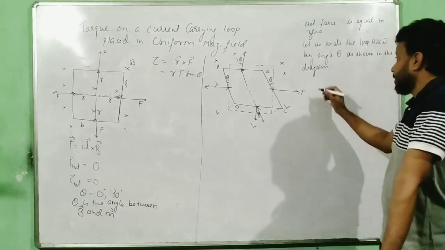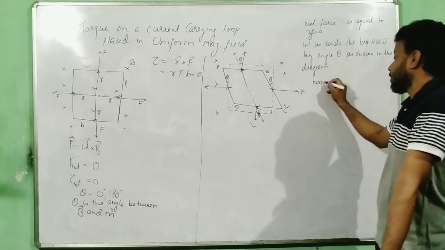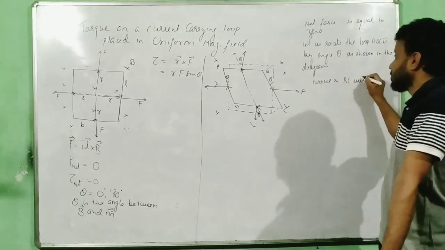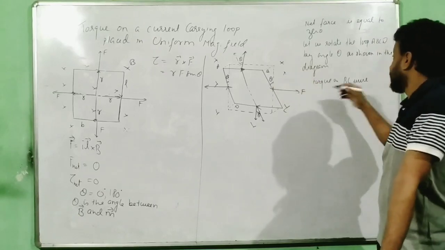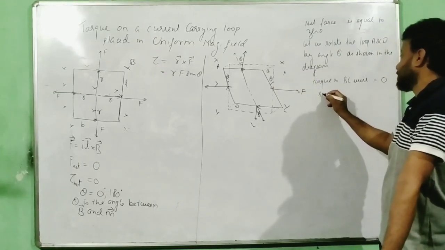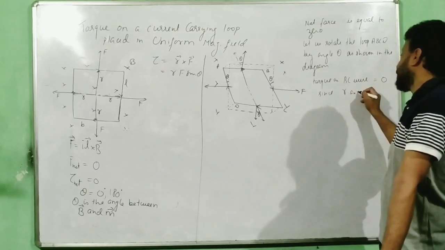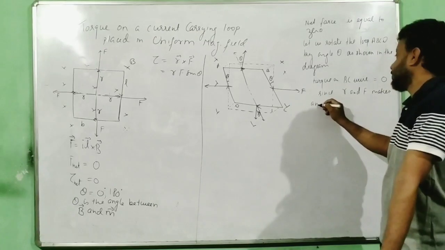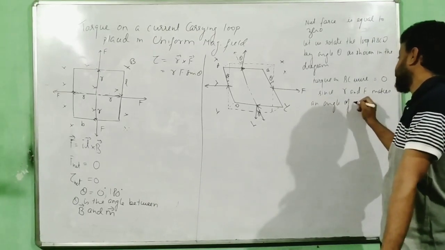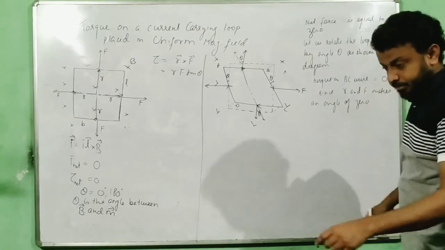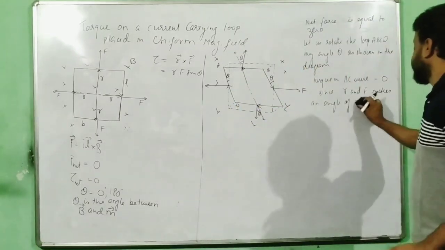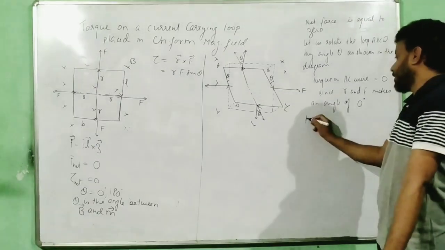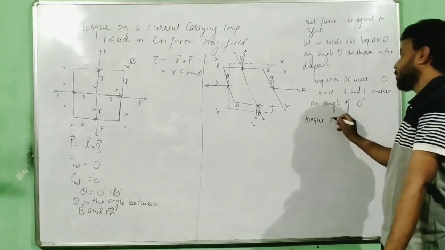Now, torque on BC wire is equal to 0 since R and F make an angle of 0 degree. Similarly, you can write torque on DA.